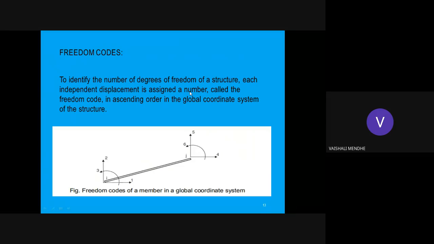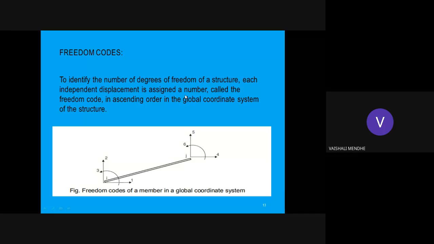If the number of degrees of freedom of a structure is 3, we assign those degrees of freedom with the help of freedom codes.